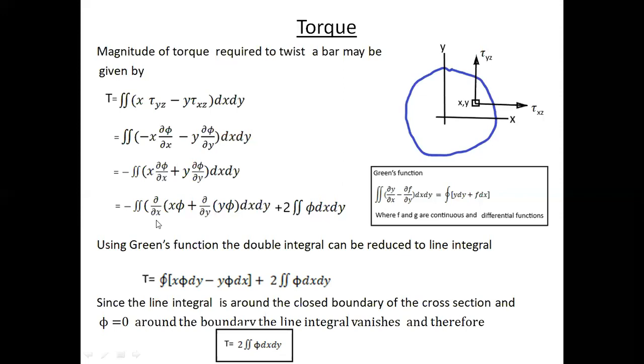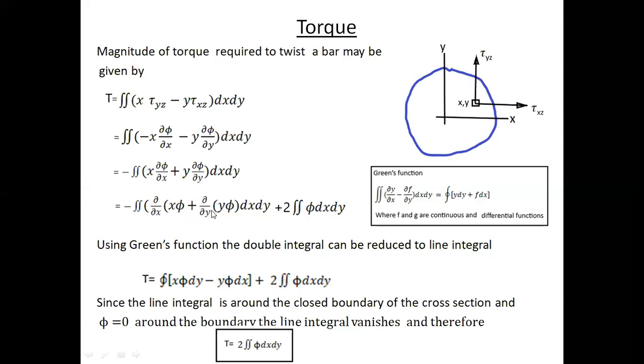Okay, let's do it. If you differentiate this, what do you get? You get x del phi by del x plus del x by del x, that is 1. So if you differentiate this, you get x del phi by del x plus 1 times phi.